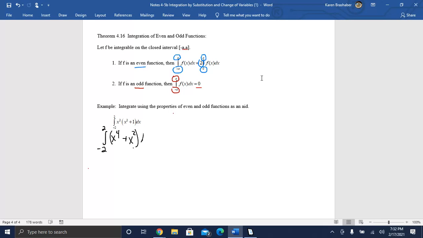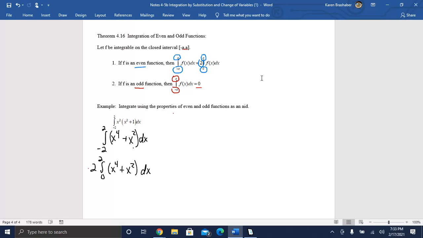And that is an even function. All of the exponents are even. And so rather than continuing with that integral, I can change it to the integral from 0 to 2 of x to the 4th plus x squared dx, as long as I double my result. So as long as I multiply by 2.